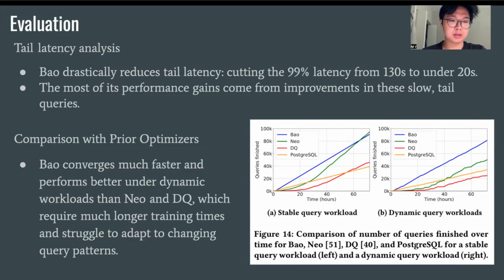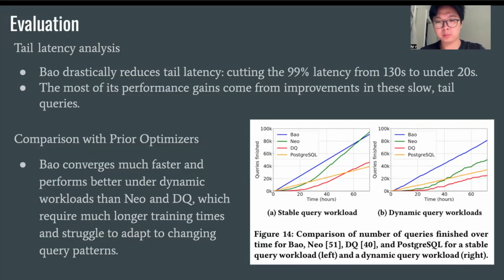And the third one is the comparison with previous optimizers. We can see the graph over here. We compare BAO, NEO, sorry, DQ, and the PostgreSQL default optimizer.